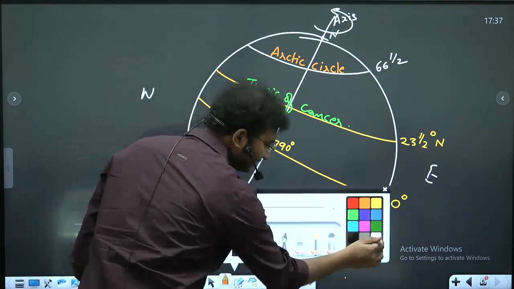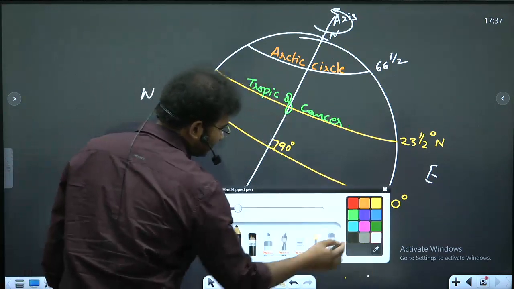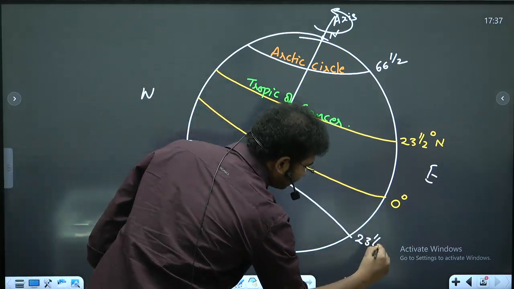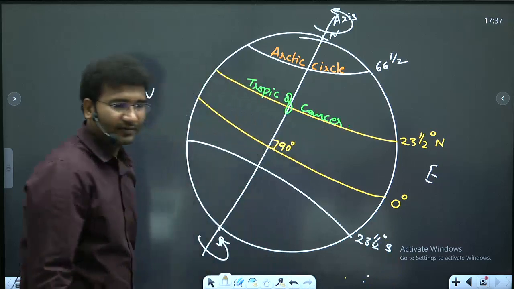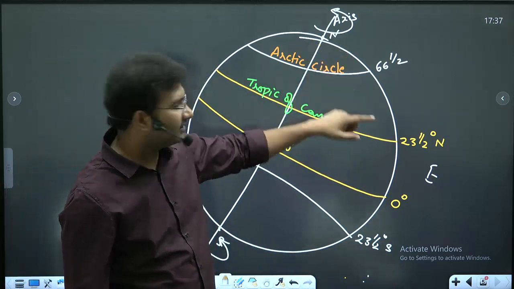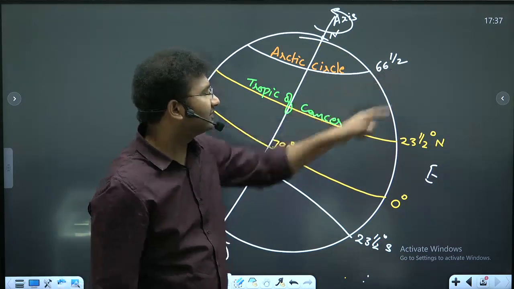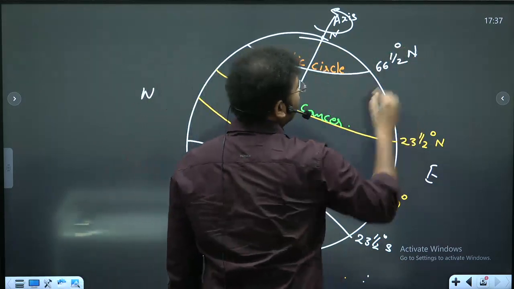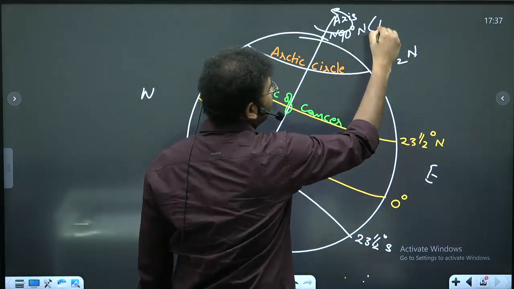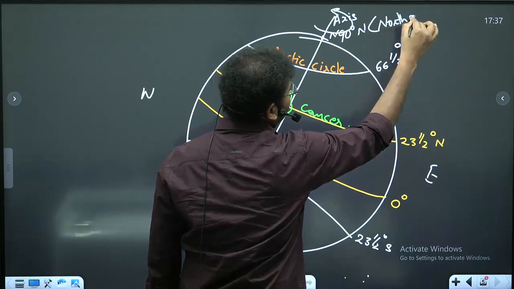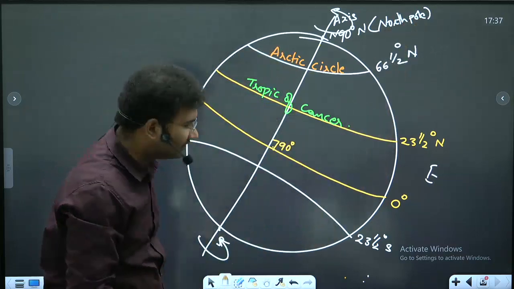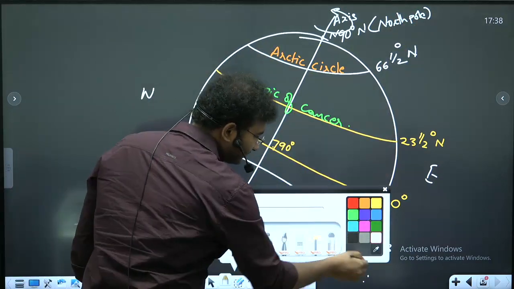Now likewise, in the southern hemisphere, you will see 23.5 degrees south. Those latitudes which are north of the equator are represented as degrees north. This is 90 degrees north, which is also called the North Pole. I know this information is very basic, but let me give clarity on this before we go further.